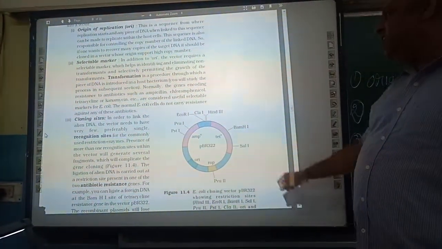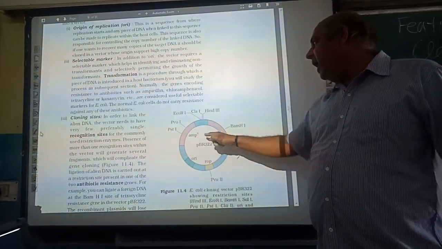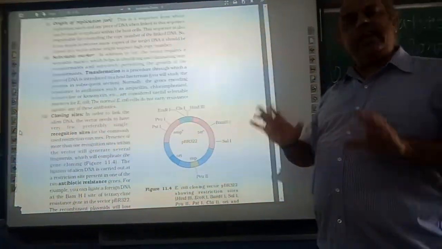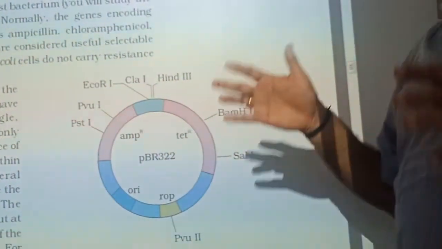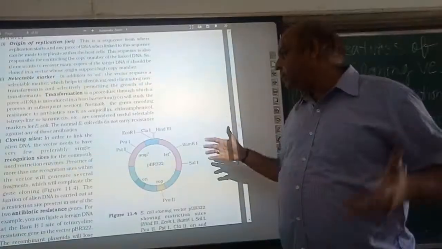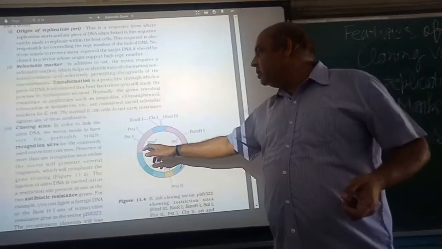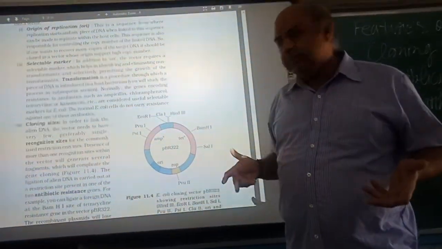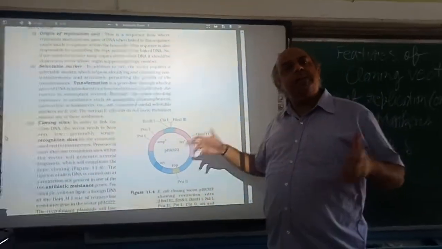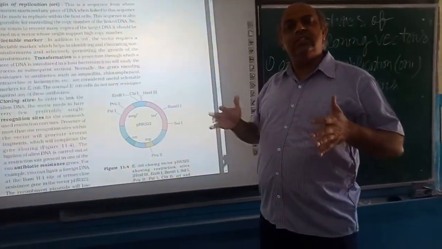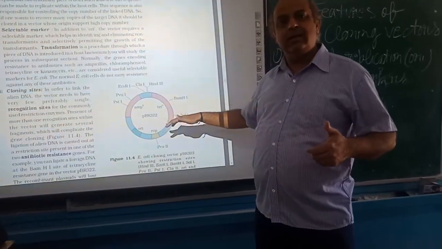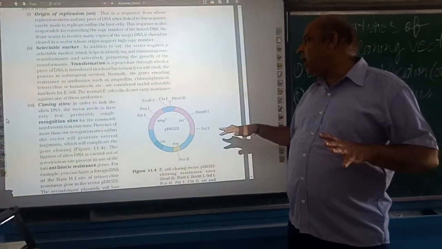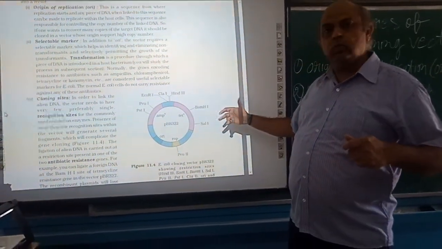You can see there is a gene AMPR and a gene TETR. These 2 genes are selectable markers on the PBR 322 plasmid. This gene gives the plasmid resistance against the antibiotic ampicillin, and this gene gives resistance against the antibiotic tetracycline.